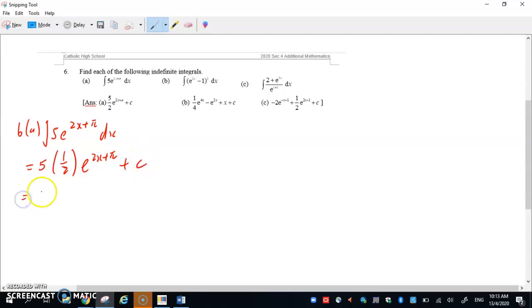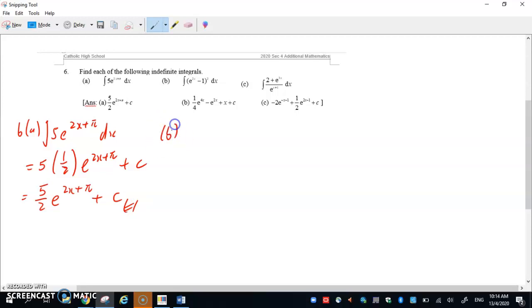So your final answer will hence be 5 over 2 e to the power 2x+π plus c. Right, so that's our final answer.